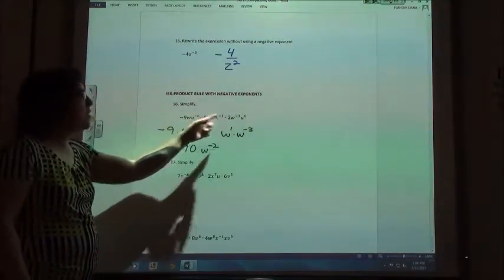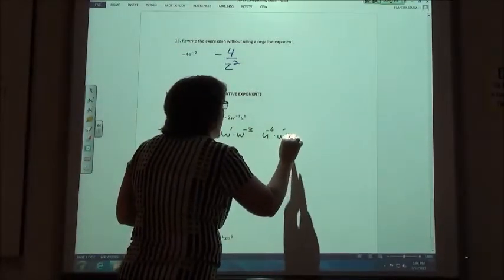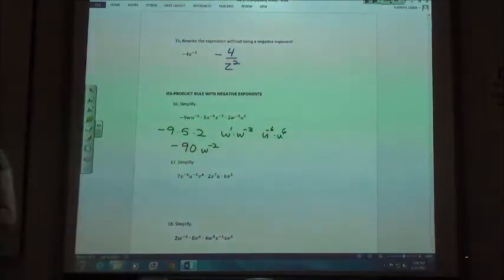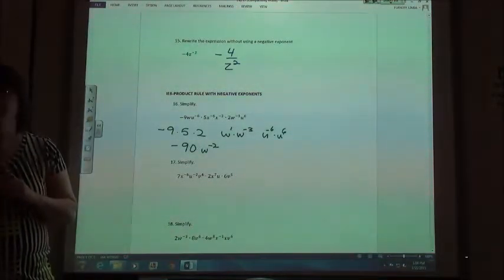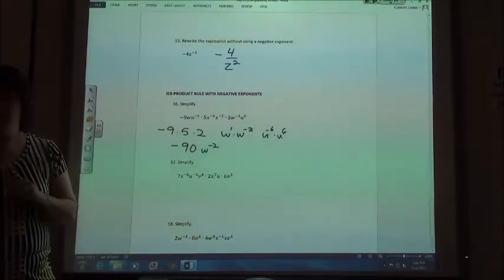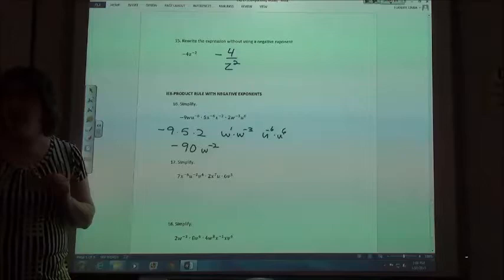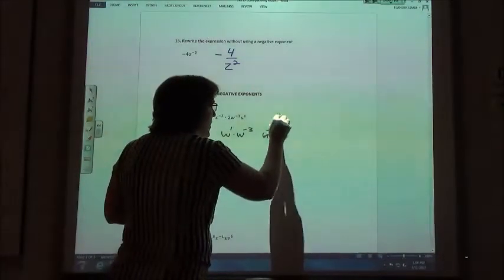Then I've got some u's. U to the -6 times u to the 6th. U to the -6 and u to the +6. What happens there? -6 and 6 would give me 0. And u to the 0 power is equal to 1.